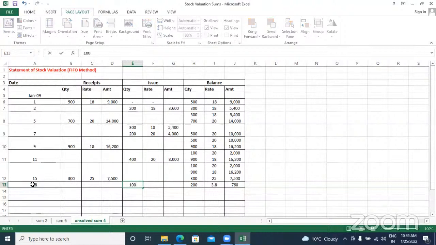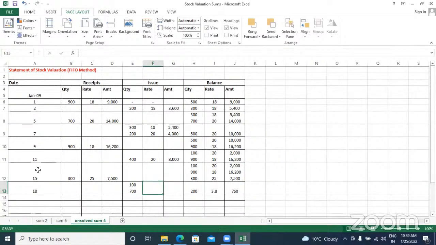And then balance will be 700. Out of 800, 100 is issued. So how much is left, students? 700, ma'am. So what is the second stock that you have in your hand? 900. Out of 900, can you issue 700 very easily? Yes, ma'am.